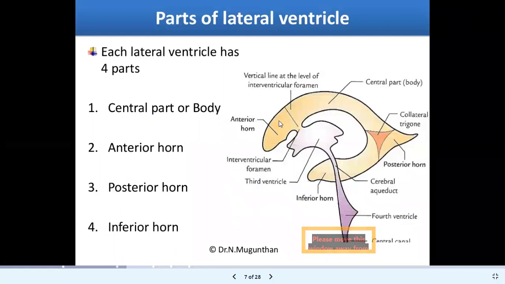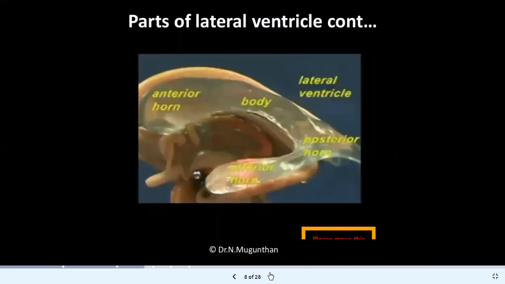So here you find all the ventricles: anterior horn, central part, posterior horn and inferior horn of the lateral ventricle. This is the interventricular foramen, this is the third ventricle, this is the cerebral aqueduct, this is the fourth ventricle. Continuation is the central canal of the spinal cord, right?